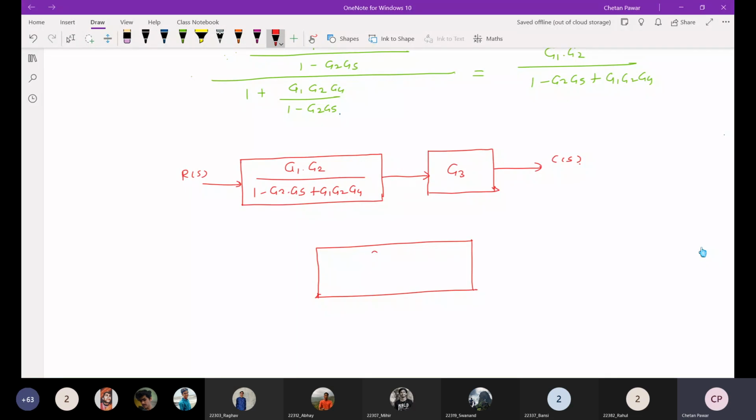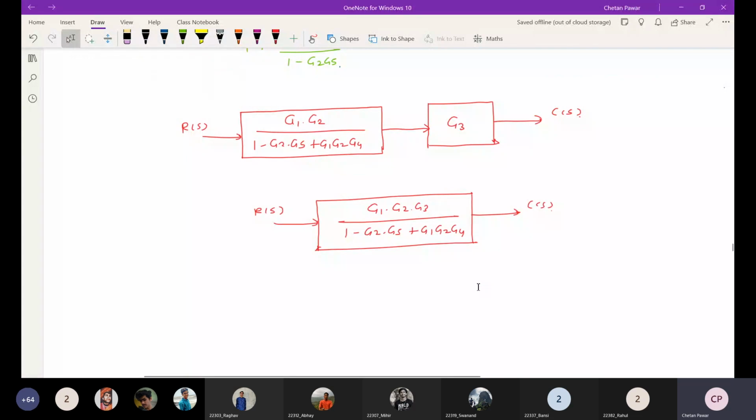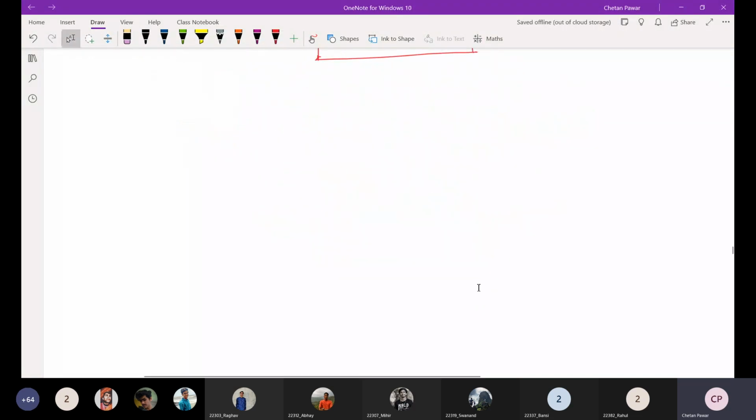So the overall gain from R of S to C of S is G1 G2 G3 over 1 minus G2 into G5 plus G1, G2, G4. This is the final answer, the transfer function of the particular block diagram.